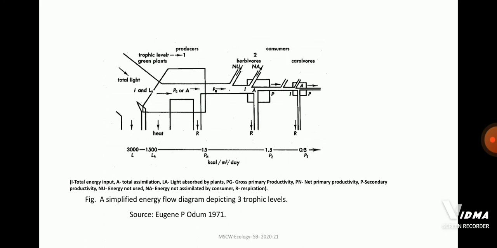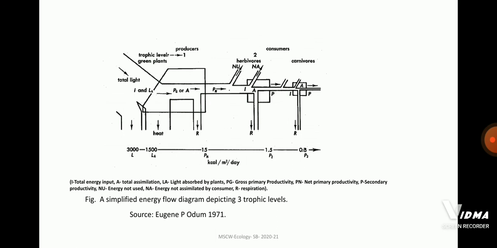Only P, capital P, will give the information about the secondary production by the consumers. Capital NU will be equivalent to the energy not utilized, which is the energy stored or exported.